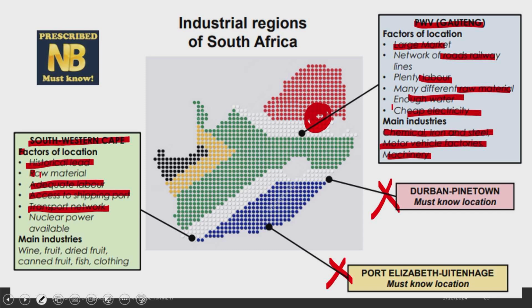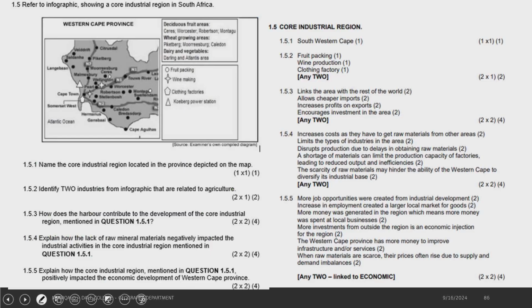Adequate labor force, raw materials, and a nuclear power station located nearby, so an alternative power source. Main industries incorporate wine, fruit, dried fruit, canned fruit, fishing and clothing, especially because of the Mediterranean climate that Cape Town, Western Cape has, because it gets its rainfall in winter. That's why we have a lot of these fruits flourishing.